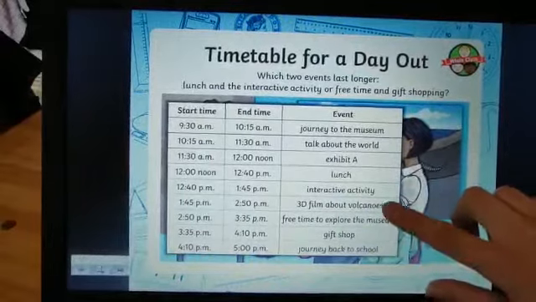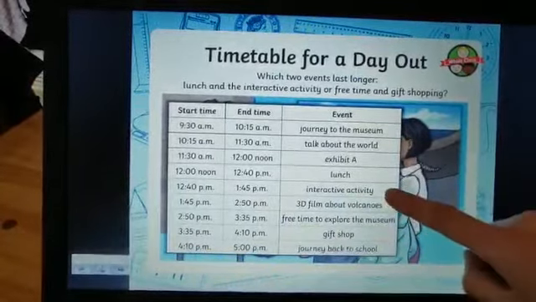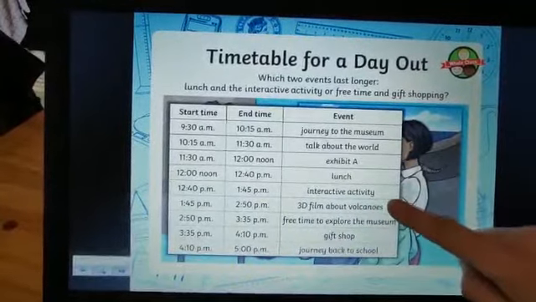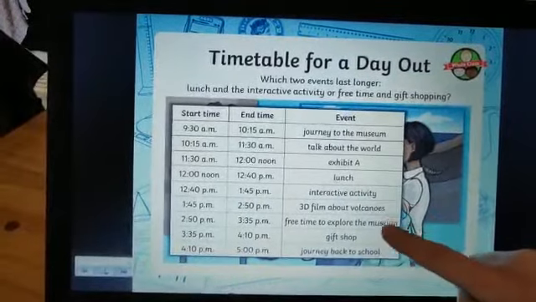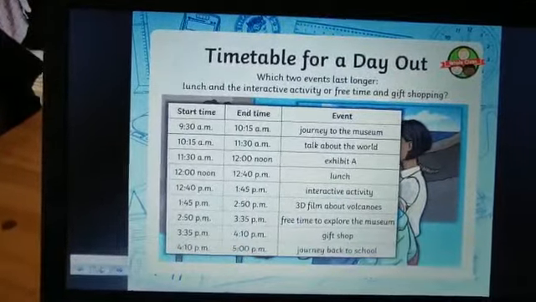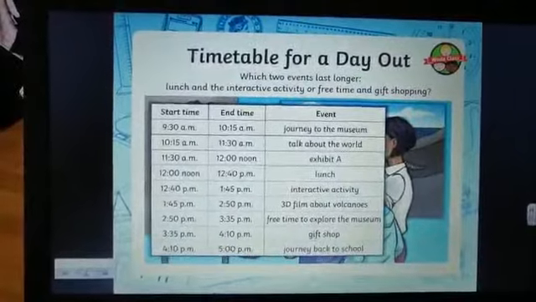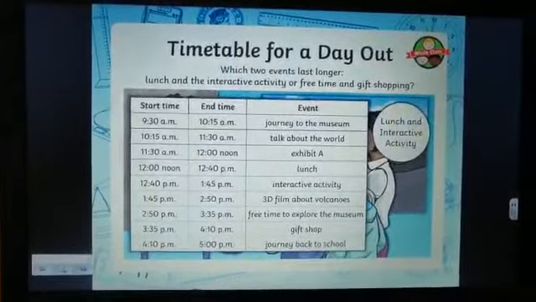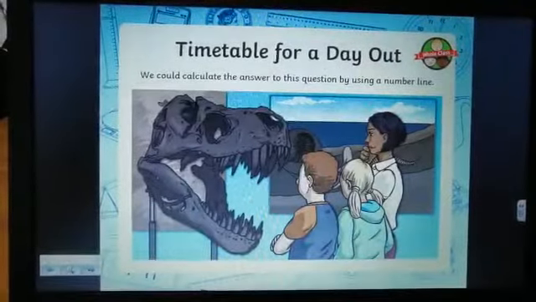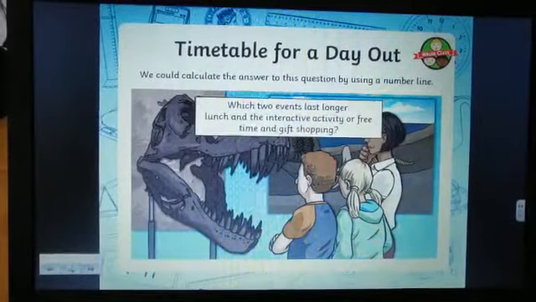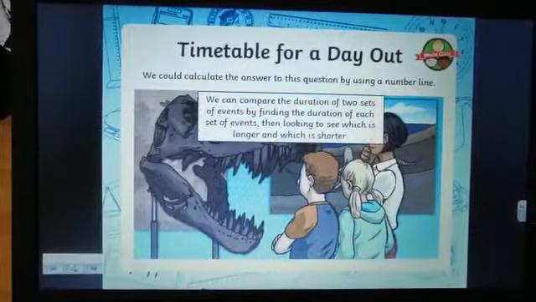So again, we need to add up how long is that one, how long is that one, add them together, and then see which one took longer. So lunch and interactive activity, they've said. So let's find out why that is.